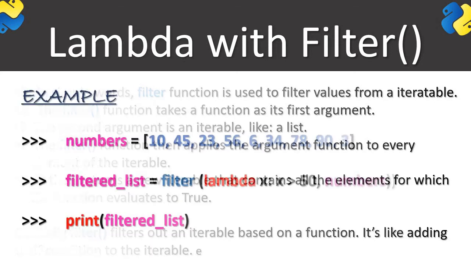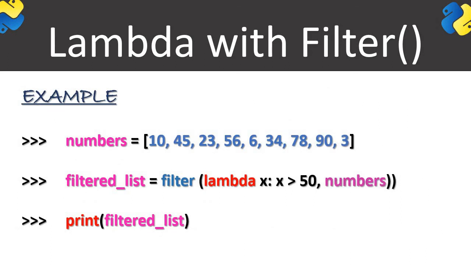So let's see an example of it. Suppose I have a list called number and it contains several elements. Now in the second line I have created a lambda function and applied filter to it. In this filter function I have passed two arguments. First is my lambda function and the second argument is my list.